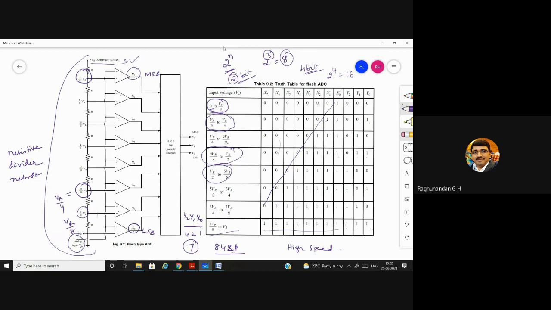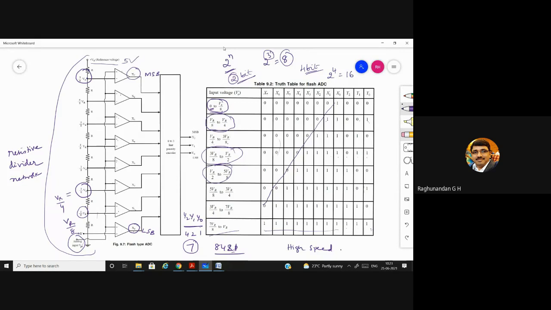Okay. So like that, if they twist the question, you should be able to answer. This is the 8:3 encoder we have used for the 3-bit ADC. In the same way, you can have it for 2-bit also. If you are following the book, you can see that I have given the 2-bit flash ADC also, where you will have 4 comparators and the 4:2 encoder.